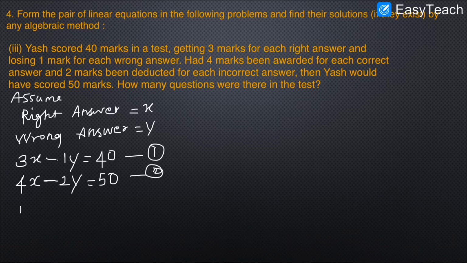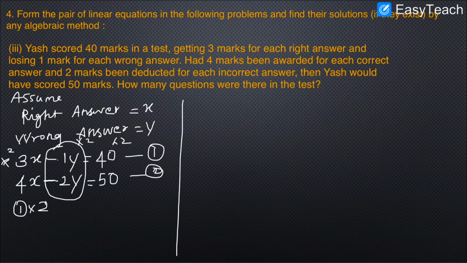So I am going to use the elimination method. Let's multiply the first equation by 2, then we will get this term eliminated, right? So every term we need to multiply by 2. So 2 3s are 6, 6x plus 2y equals 80.